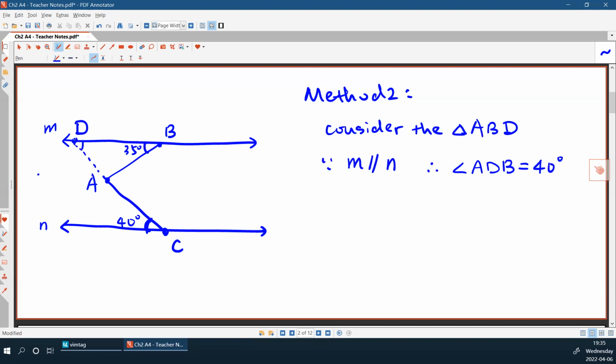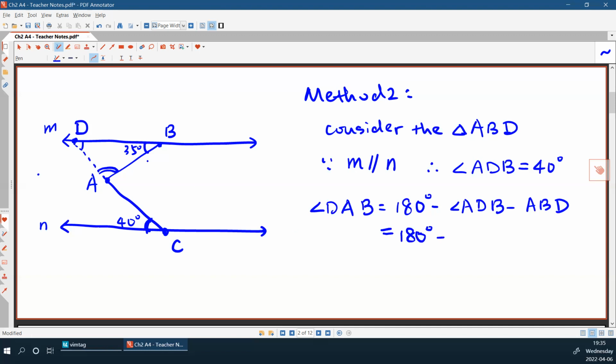And in triangle ABD, angle DAB is 180 degrees minus angle ADB, minus angle ABD, which is 180 degrees minus 40 degrees minus 35 degrees, which is 105 degrees, right?